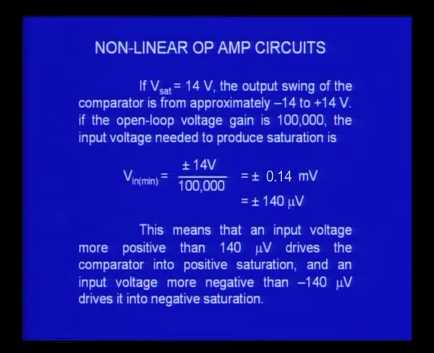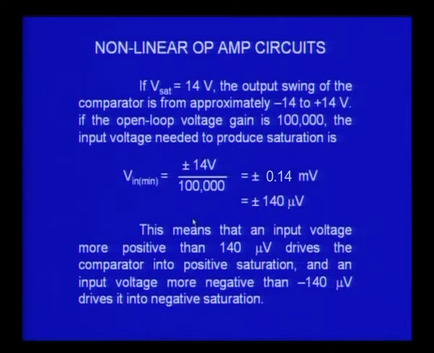If Vsat is, let us say, 14 volts, the output swing of the comparator is from minus 14 to plus 14, and if the open loop voltage gain is 100,000 as we took as a typical value, the input needed to produce saturation is plus or minus 14 volts divided by 100,000, and that is equal to plus or minus 0.14 millivolt, and this 0.14 millivolt is about 140 microvolt.